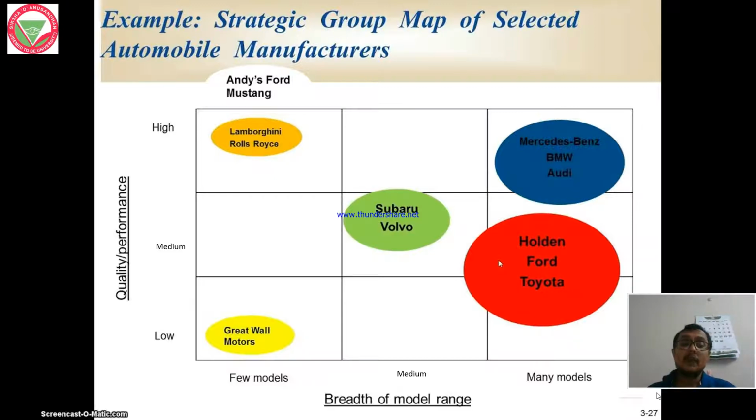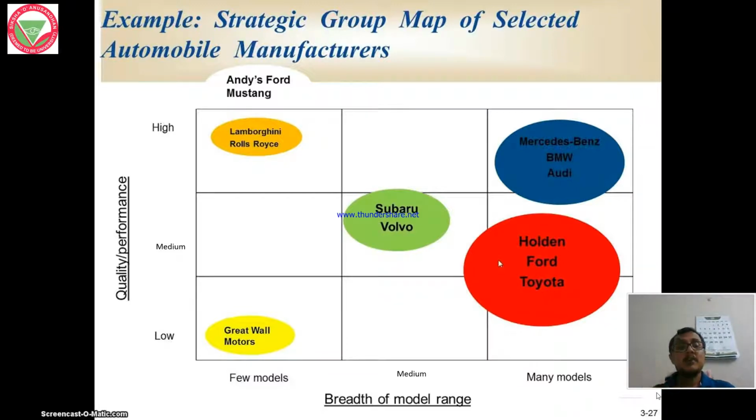Volvo is a very well known brand as far as safety is concerned, but apart from safety, other quality parameters are comparatively moderate than brands like Rolls-Royce, Lamborghini, Mercedes, BMW, Audi, etc. Therefore, to be on the safer side, we have kept the quality and performance of brands like Subaru and Volvo at the medium position. Similarly, the breadth of their product range is also kept at the medium range.